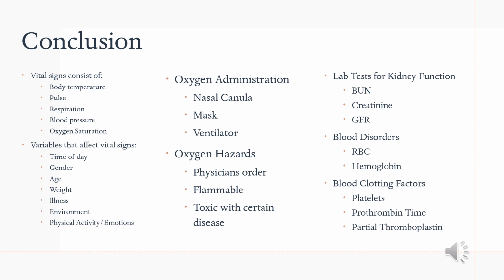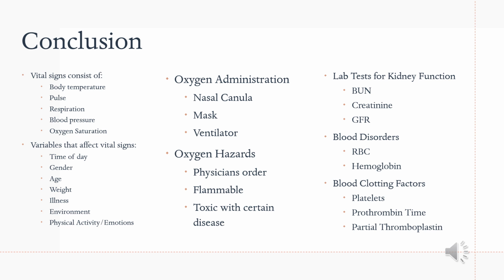In conclusion, vital signs consist of recording body temperature, pulse, respiration, and blood pressure, as well as oxygen saturation. Many different variables can affect vital signs, such as the time of day that they are taken, gender, age, weight, illness, environmental factors, physical activity, and emotions.